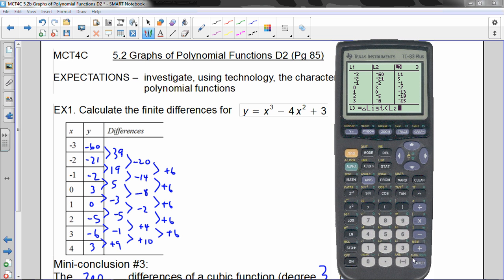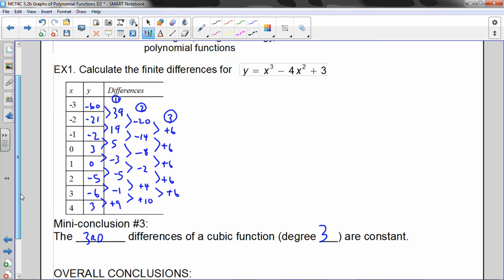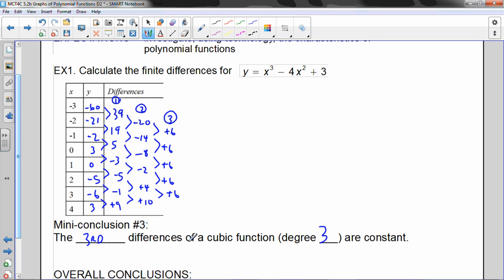So I put that in there and I press enter. And bam, there's the differences. And then I just keep doing this a few times. This is the first differences, this is the second differences, and this is the third differences. And lo and behold, the third differences of a cubic function, which is degree 3, are constant.